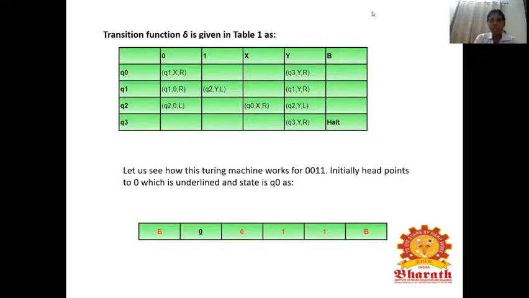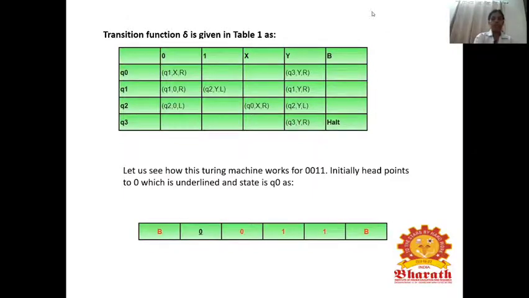So let us see how this Turing machine works for 0, 0, 1, 1. Initially, the head points to 0 because we are starting with 0. So initially the head points to 0, which is underlined, and the state is Q0. So here we have B0011B. On both sides we have a blank and the input is 0011.